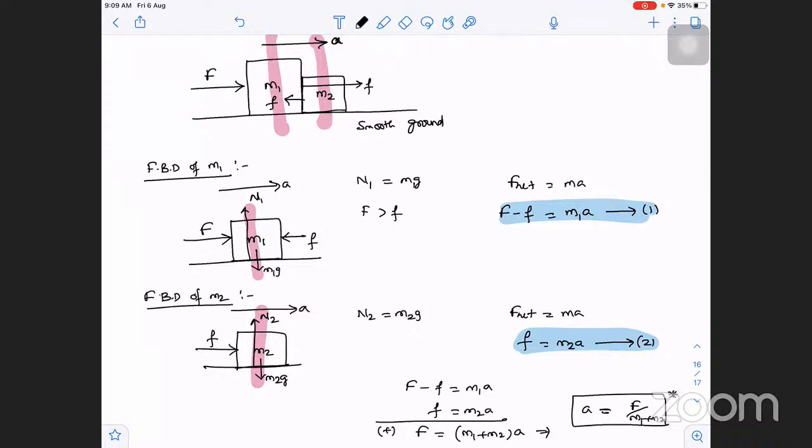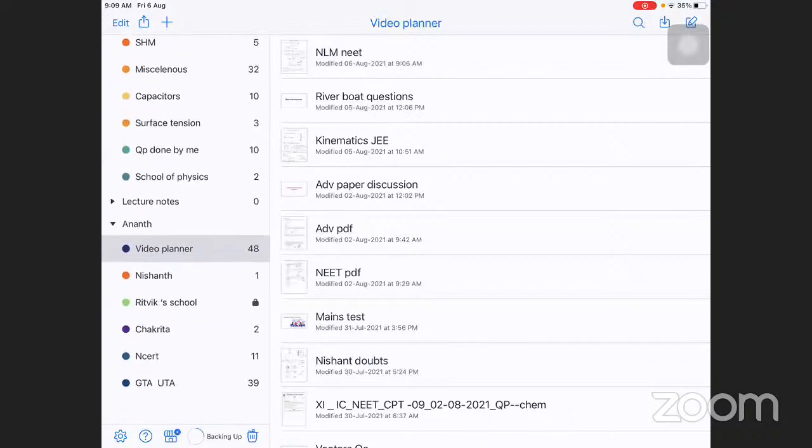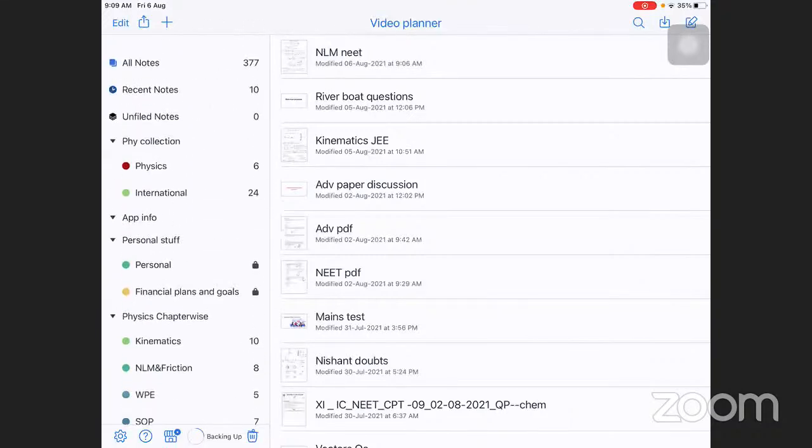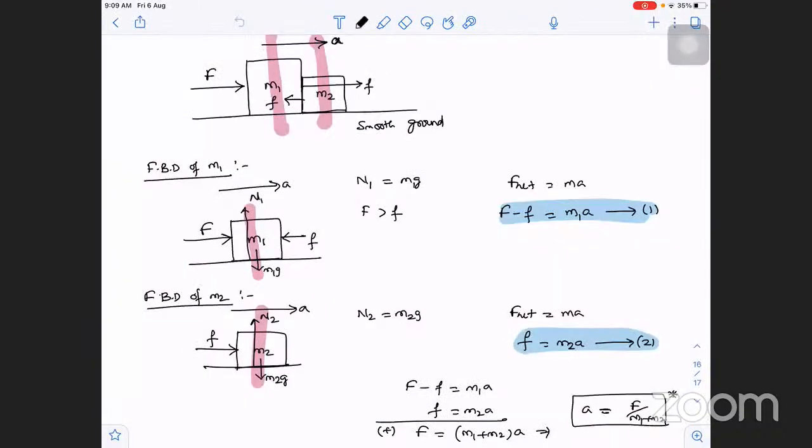We can make dividers and keep all the notes as dividers, but we cannot do this in Good notes. I don't know whether there is any update or not. Let me see that.